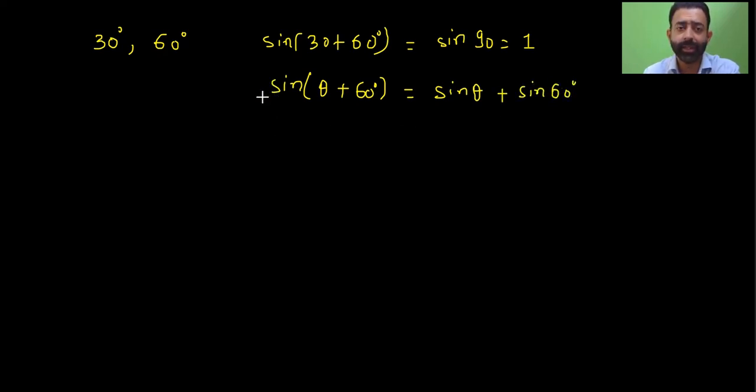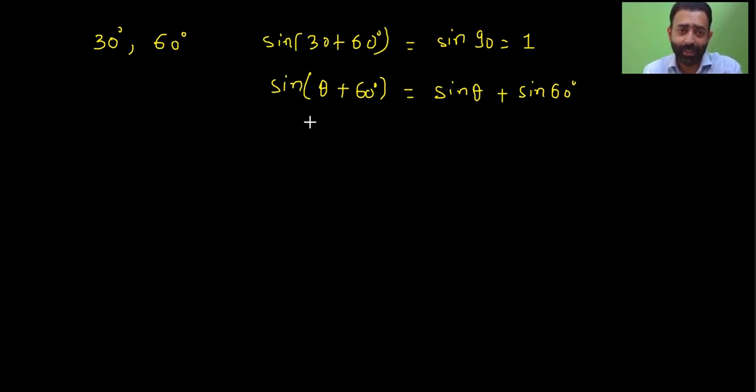Although it is not equal to, and this is the case that we have to prove, that this is not equal to sine theta plus sine 60. We cannot do this because what we have done here is we have just applied the distributive law, that sine will be multiplied by theta and then plus sine will be multiplied by 60.